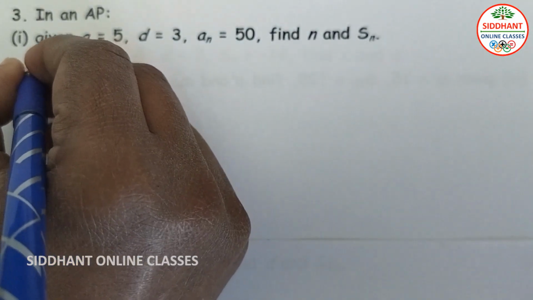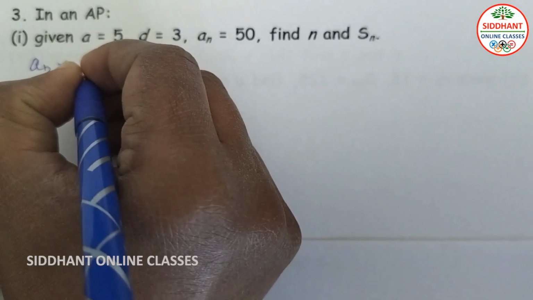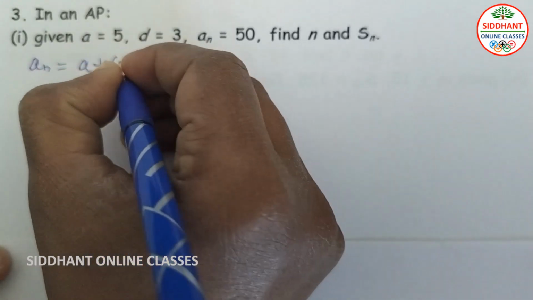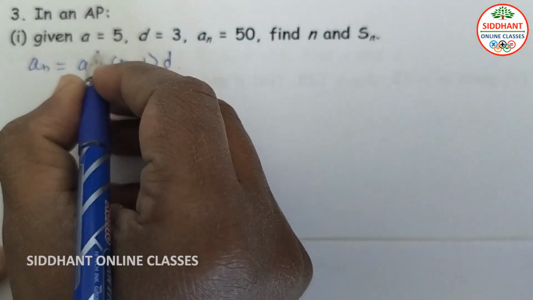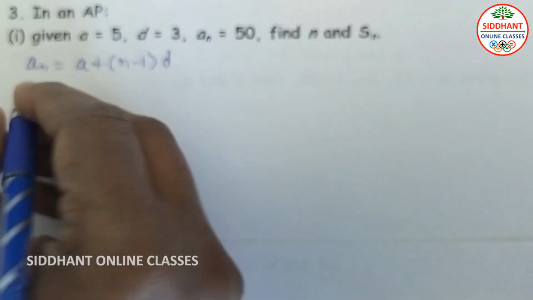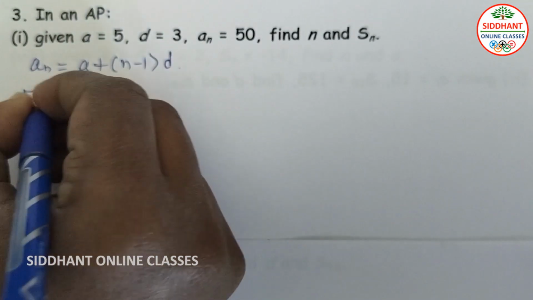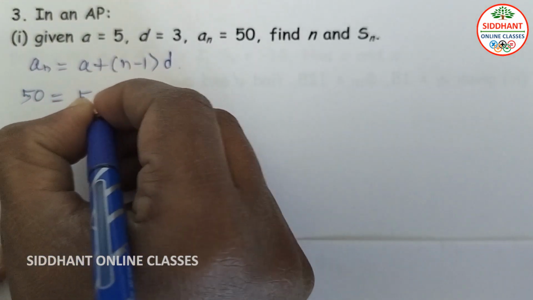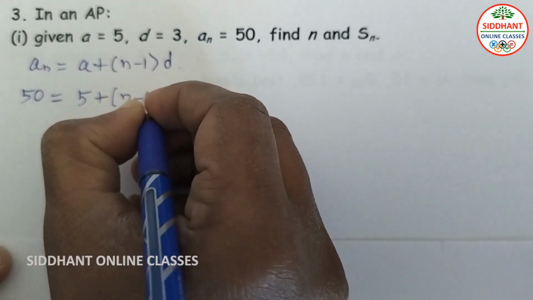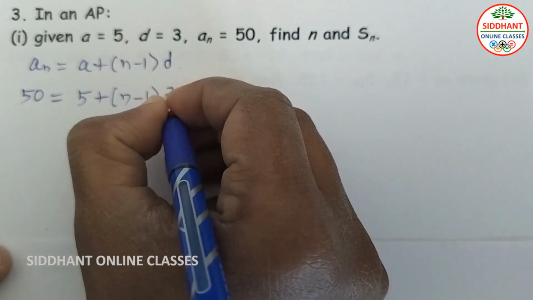So we know an equals a plus n minus 1 d. Here an is given, that is 50, equal to a, which is 5, plus n minus 1 times d, which is 3.